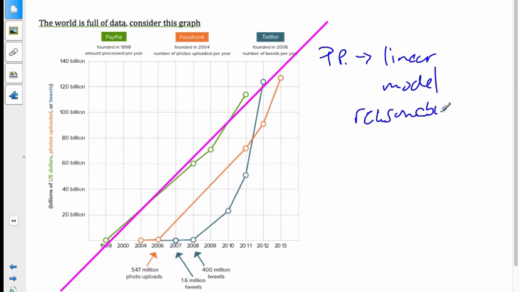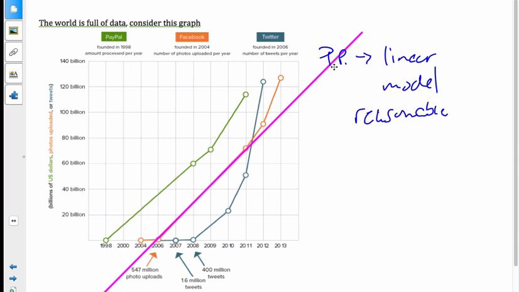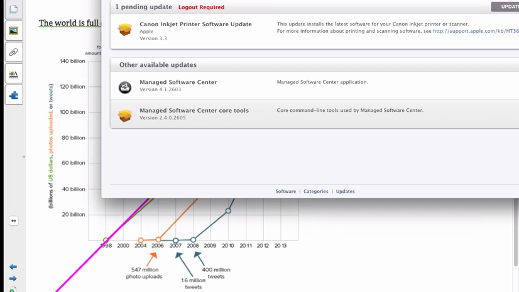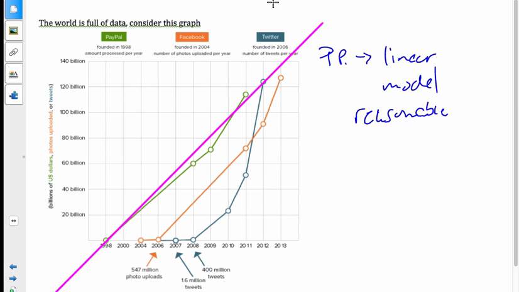If we go to the next one, I'll keep this line here actually. Let's get a different color. Let's go to blue.